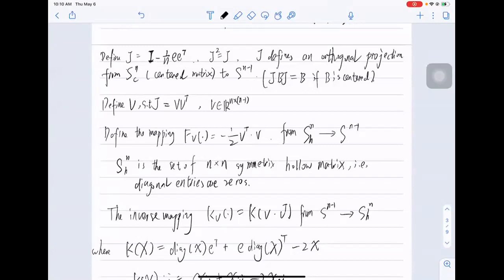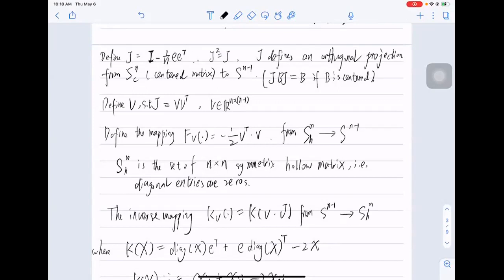This is the so-called centering matrix, right? If you have some coordinates or points and you multiply by J, then all these coordinates are centered. J squared is equal to J, and the rank of J is n minus 1.